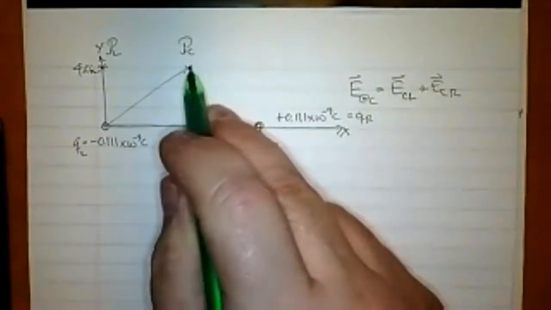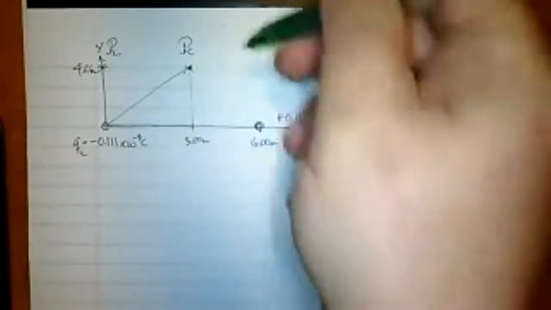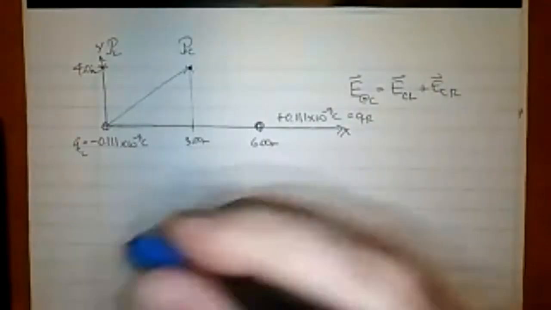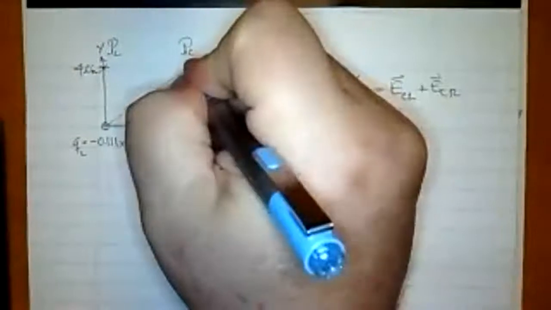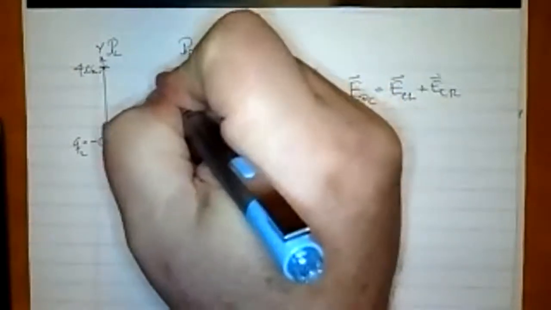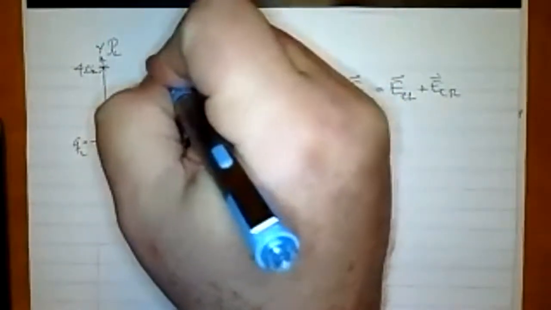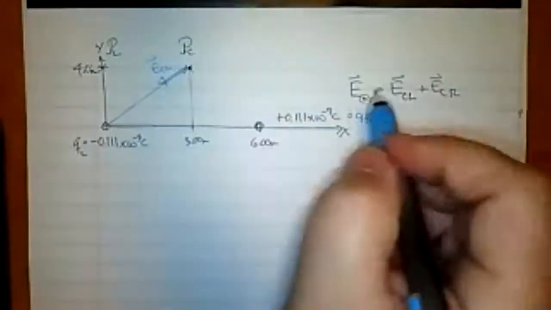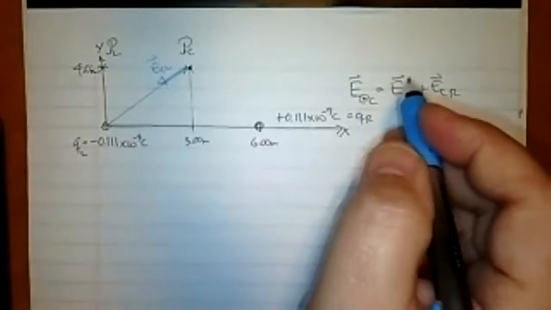So at this location, a positive charge would be compelled to go that way along that line. And in fact, I'm going to say that that vector is in fact the ECL. That's the electric field at the center due to the left particle.